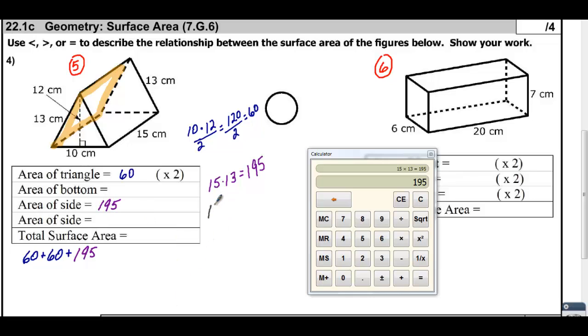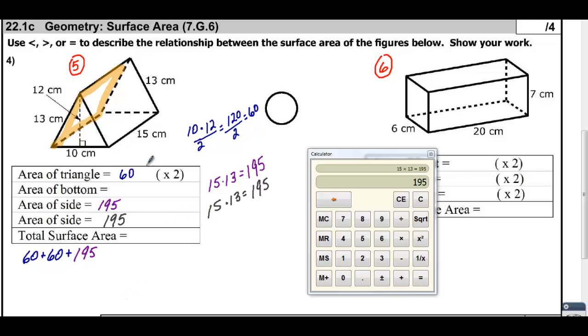I have the same 15 times 13 again. This dotted line right here is the same as this 15, and this up and down is the 13. So I have another 15 times 13, which is another 195.